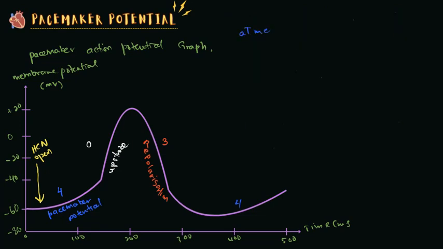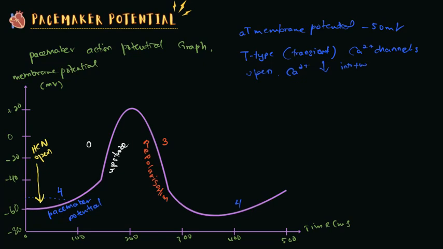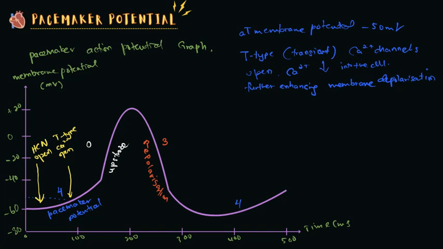What happens then when the membrane depolarizes to about minus 50? Another channel opens, which is the T-type or transient calcium channel, causing calcium to move into the cell, further enhancing membrane depolarization, making it more positive. And there you can see the yellow colored arrow shows where the T-type calcium channels open at minus 50 millivolts.